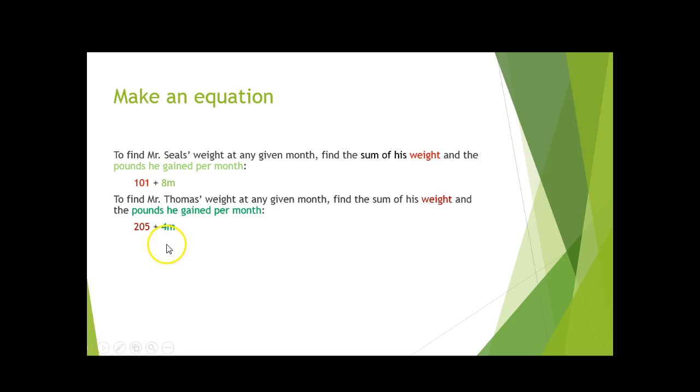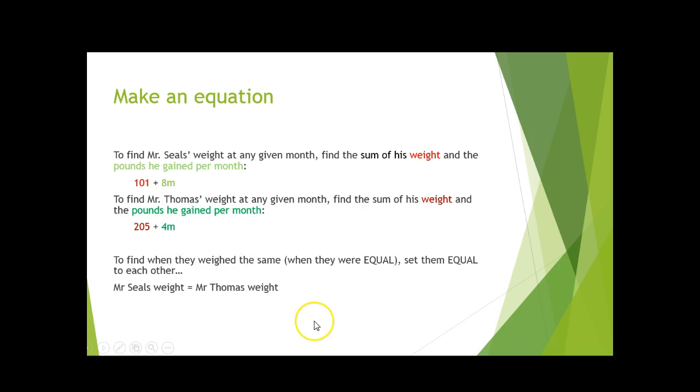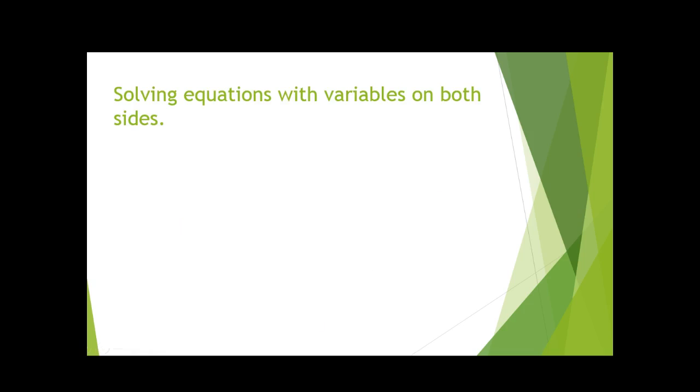In order to find where we weigh the same, or when we have equal weight, we need to set these two equal to each other. It would be 101 plus 8m equals 205 plus 4m, and then we would solve. So we have variables on both sides, so we need to figure out how to solve this equation. Well, you need to treat 8m and 4m like one term.